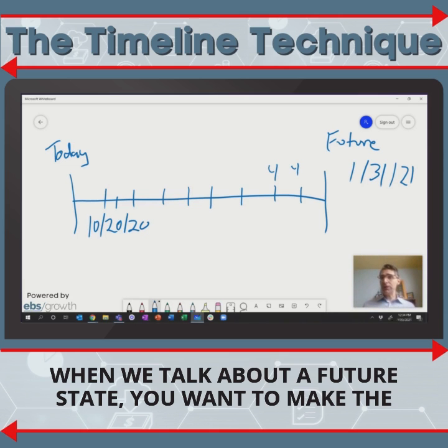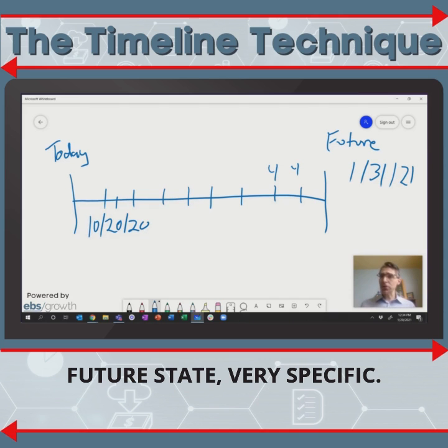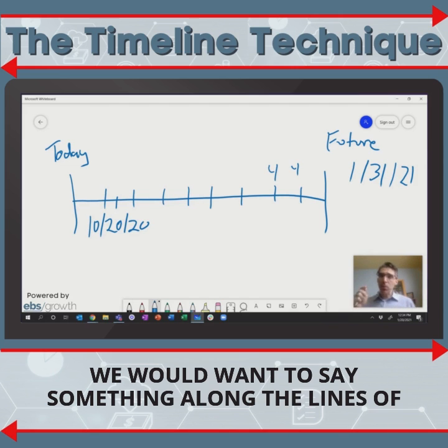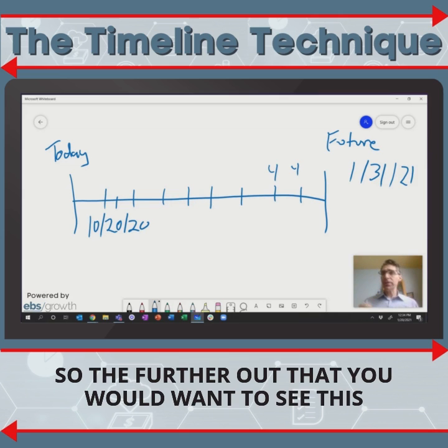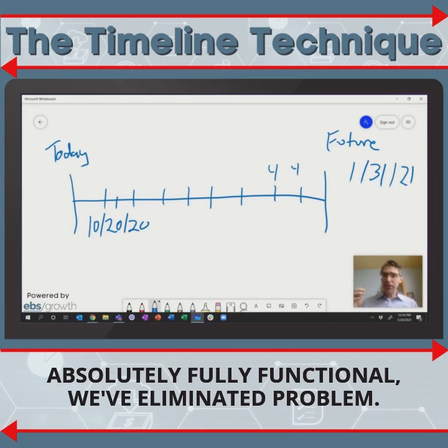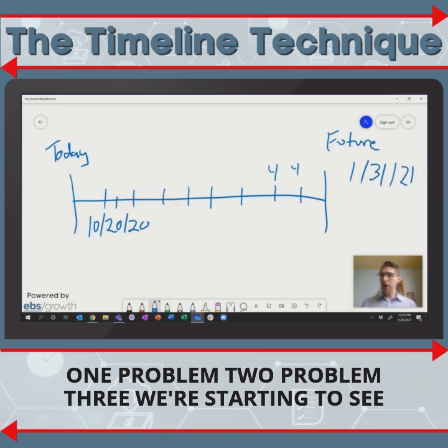When we talk about a future state, you want to make the future state very specific. Let's put some clarity around it. So we would want to say something along the lines of, okay, so the furthest out that you would want to see this absolutely fully functional, we've eliminated problem 1, problem 2, problem 3.